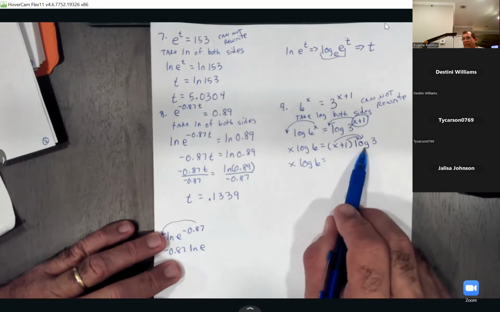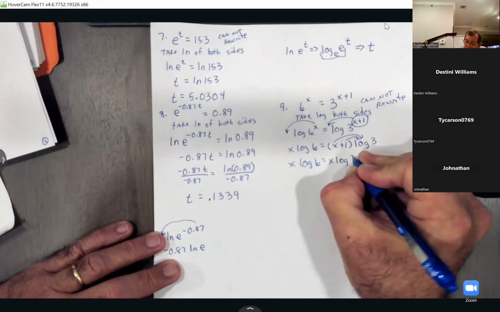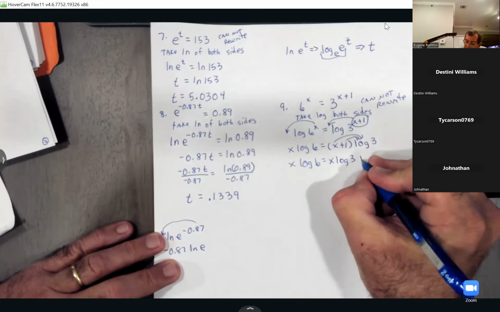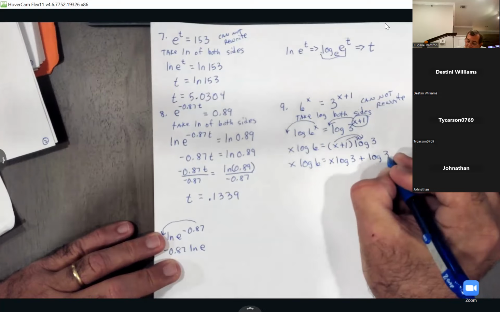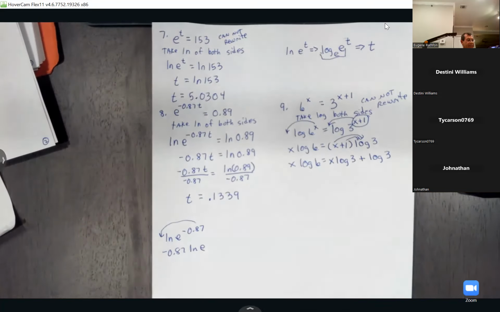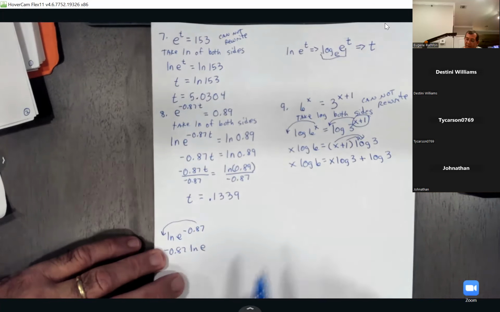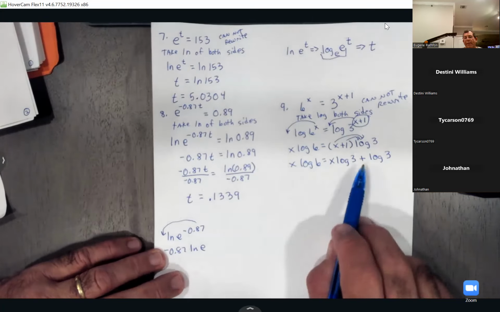So the x times log 3 gets you an x log 3. And then 1 times log 3 is just a plus 1 log 3.